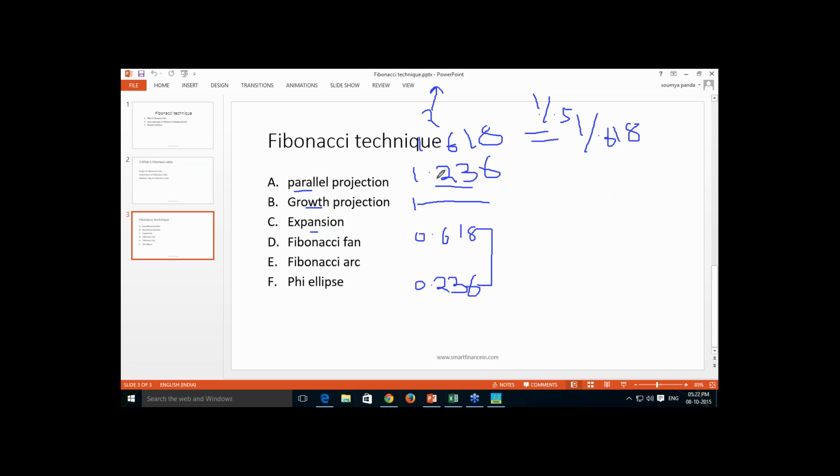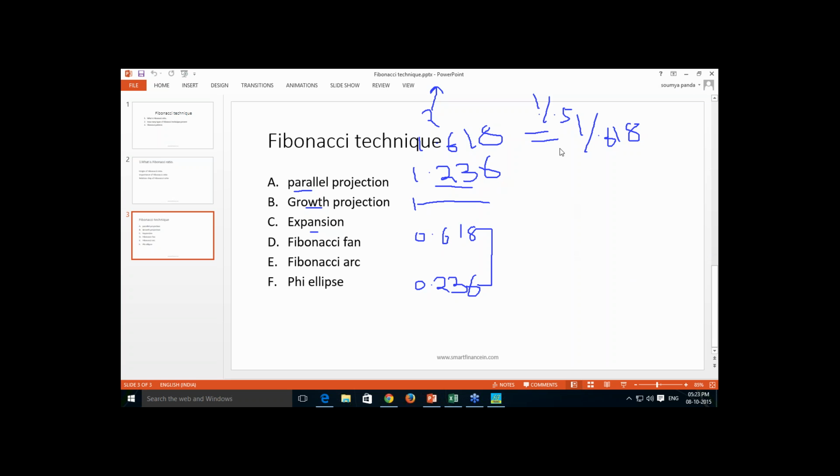If it goes above 1 till 1.618, you accept it as growth, and beyond that, anything that goes further is an expansion. So this is how you name the different ratios. Naming of those ratios happens in that particular way.